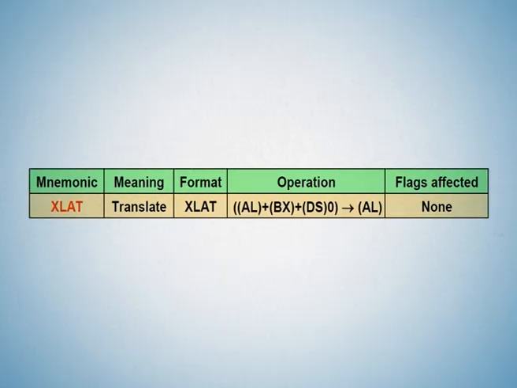When using XLAT, the contents of the register BX represent the offset of the starting address of the lookup table from the beginning of the current data segment. The 8-bit register AL represents the offset of the element to be accessed from the beginning of the lookup table. The 8-bit address specified in AL restricts the size of the lookup table to 256 bytes only.